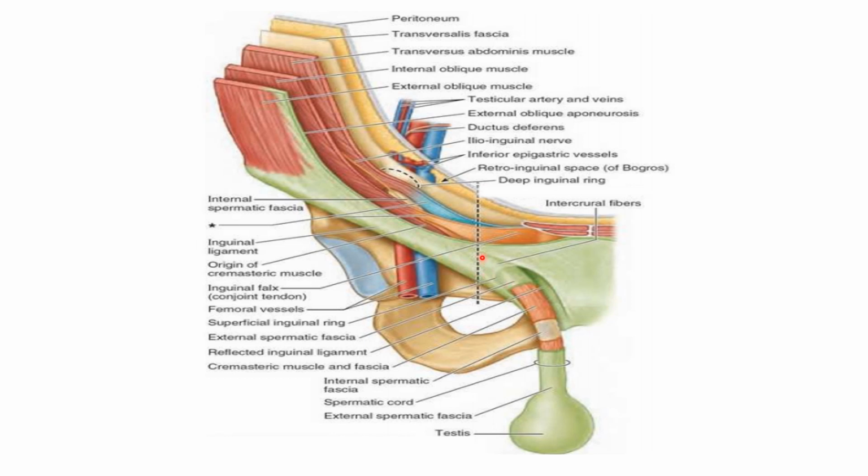You can see a triangular opening inside it, known as the superficial inguinal ring, and these are the two crura of the triangle, meeting together through intercrural fibers. You can see the spermatic cord exiting through it with its three concentric layers of fascia that I will discuss later on.